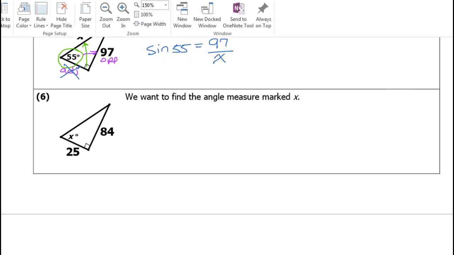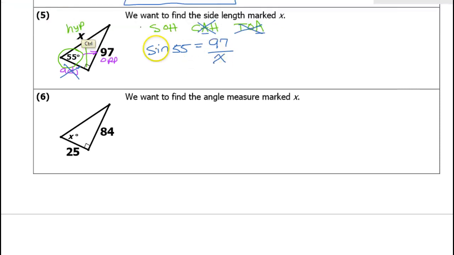So when the variable is in the denominator, that's when you want to swap these. So we're going to wind up with x is equal to 97 over sine 55. Okay, we're just swapping these.